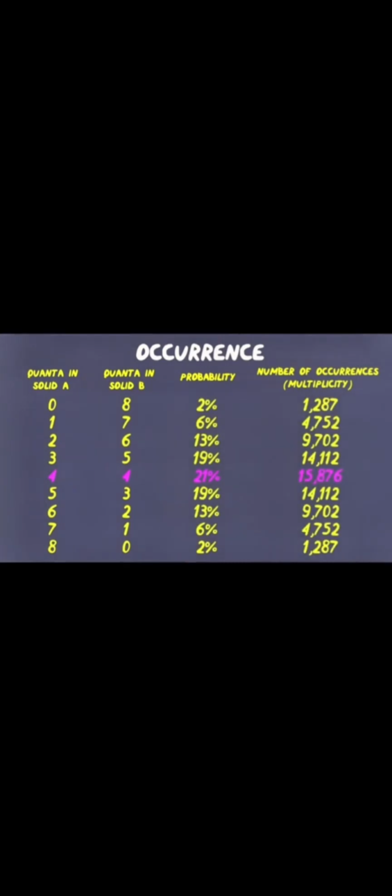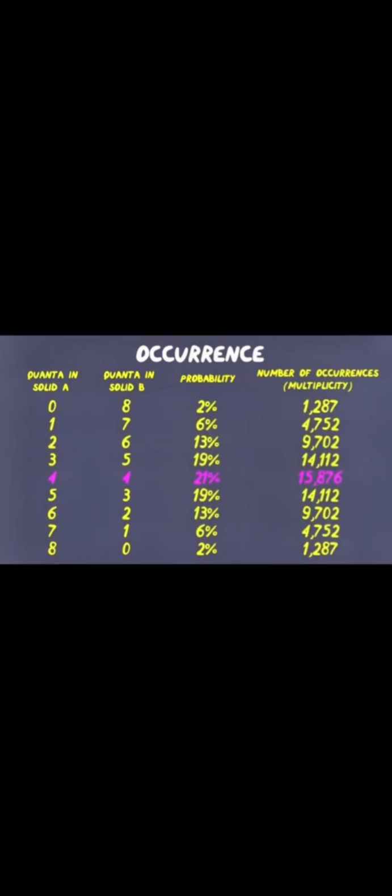For example, all of the energy could be in solid A and none in B, or half in A and half in B. If we assume that each microstate is equally likely, we can see that some of the energy configurations have a higher probability of occurring than others. That's due to their greater number of microstates.